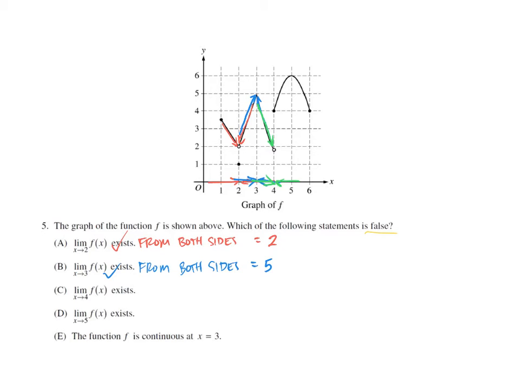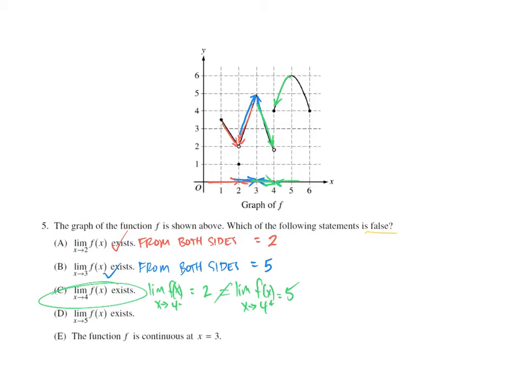As I approach 4 from the right, it looks like it's getting closer to a value of 5. So the limit of f of x as x approaches 4 from the left is equal to 2, and the limit as x approaches 4 from the right equals 5. So this guy does not exist because these are supposed to be equal to each other, and they're not. So C doesn't work out.